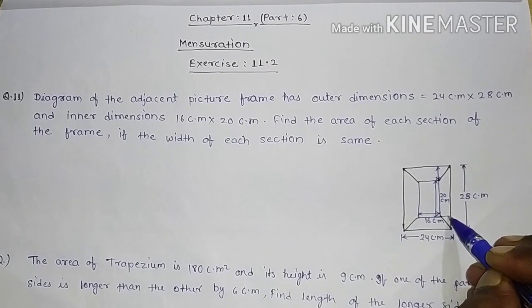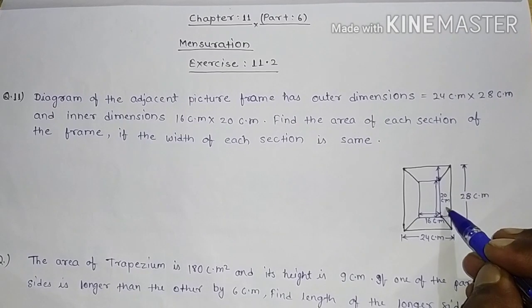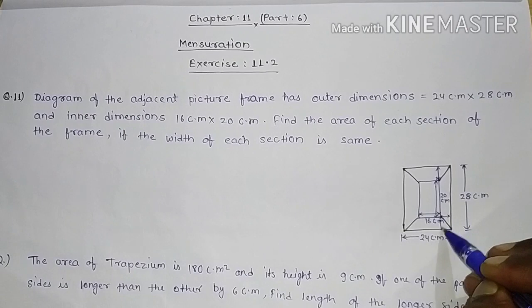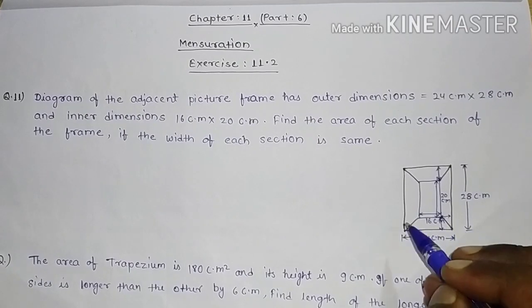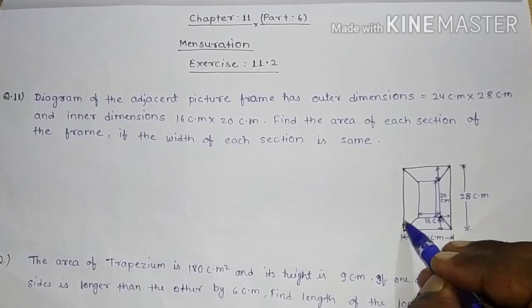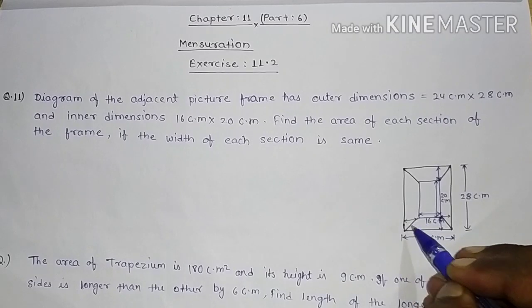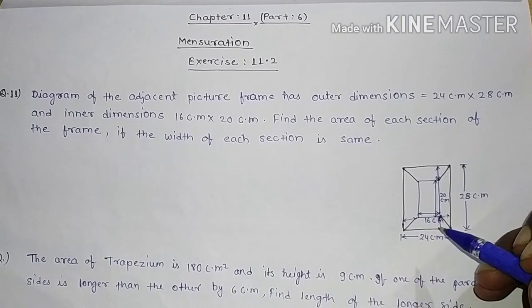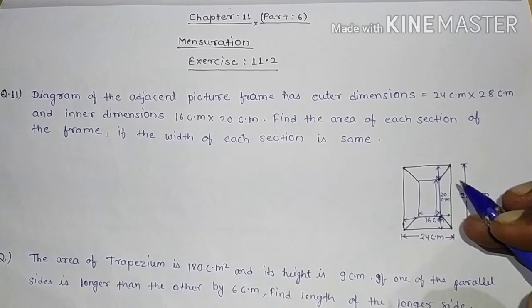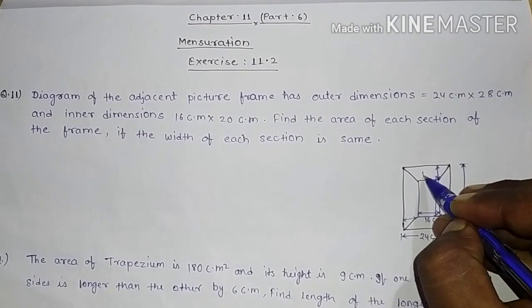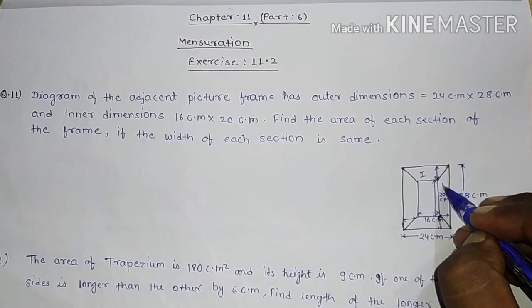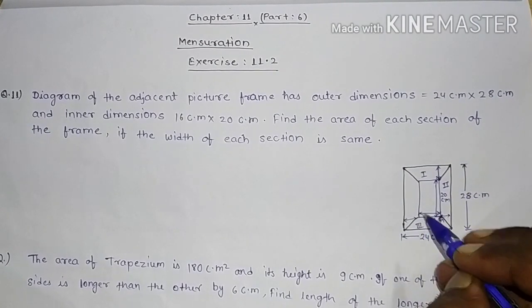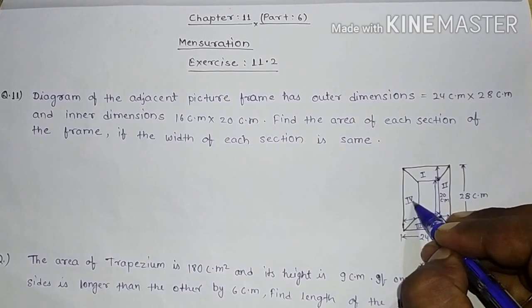This is also the width for this section. This is also the width for this section, and this one is also the width for this section. Now the width of all four sections is the same. So let's suppose this is the first section, this is the second section, this will be the third section, and this is the fourth section.